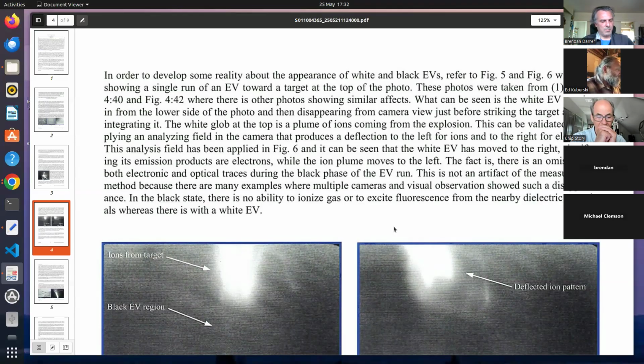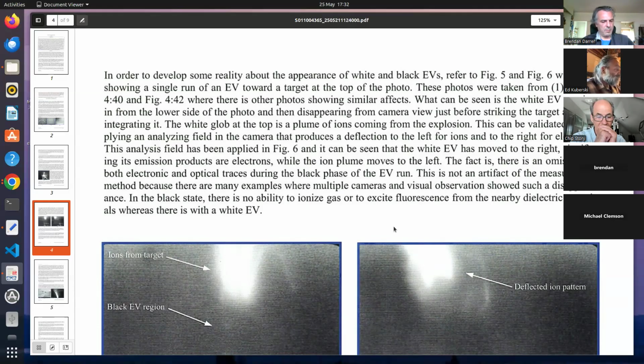The white glob at the top is a plume of ions coming from the explosion. This can be validated by applying an analyzing field in the camera that produces a deflection to the left for ions and to the right for electrons, and that's pretty interesting. I might have to try that.